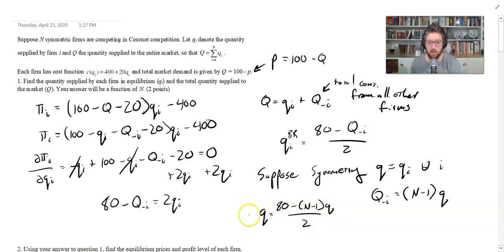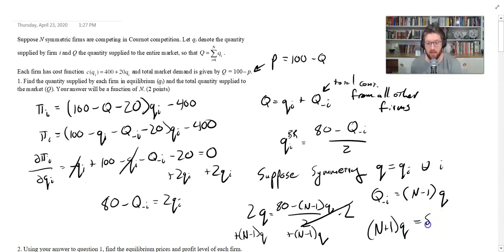Solve for q. Let's multiply both sides by 2. And then let's add n minus 1 times q to both sides. And what we get here, 2 times q plus n minus 1 times q is equal to n plus 1 times q. And that's equal to 80.